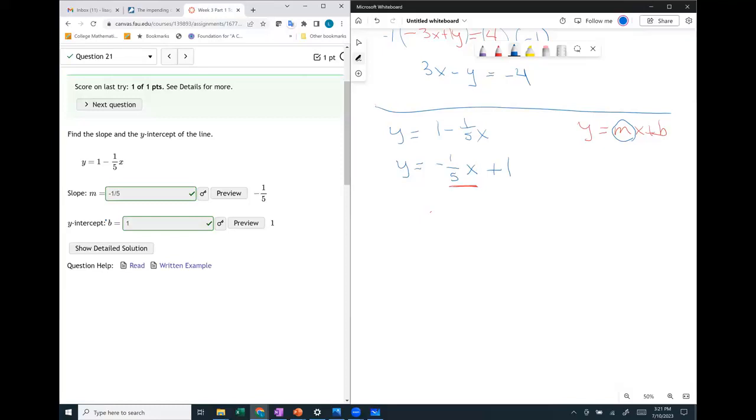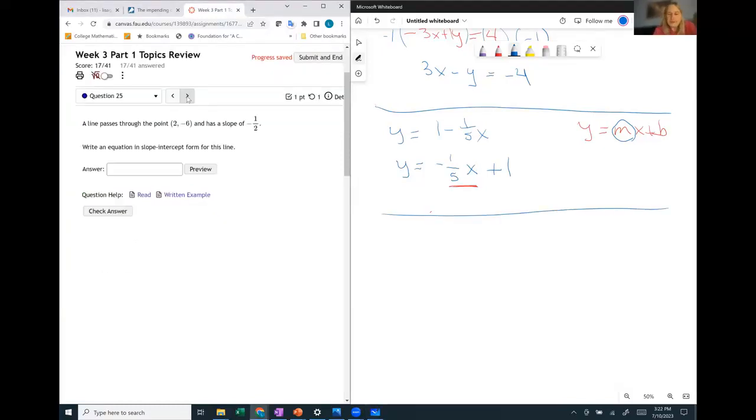But I'll show you 2 different ways to do this. Because if they don't give you point slope, I'll give you point slope. So the first way is y equals m times x plus b. They gave me the slope and they gave me 1 point. So what I can do with that is I can plug in for x 2 and for y -6.